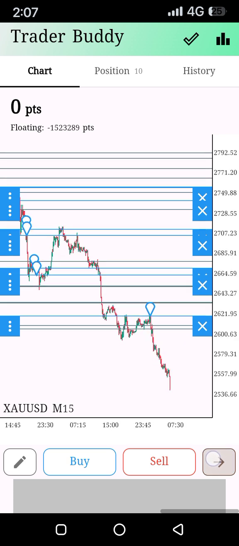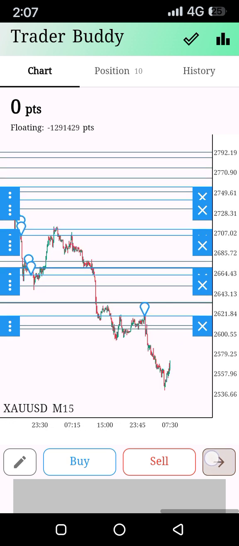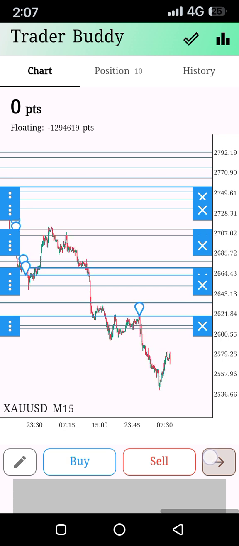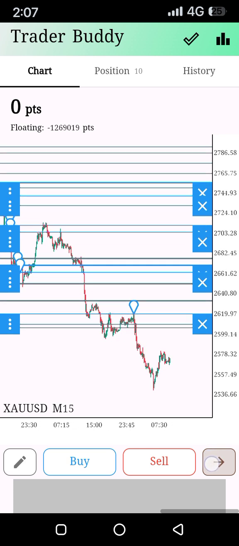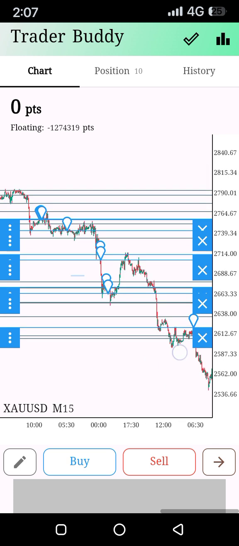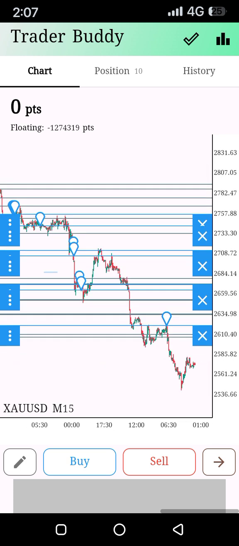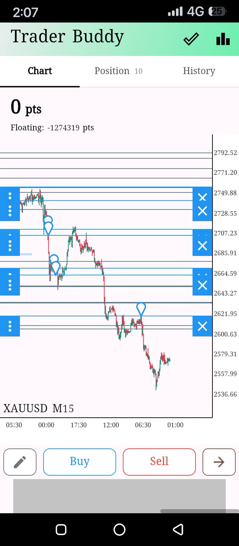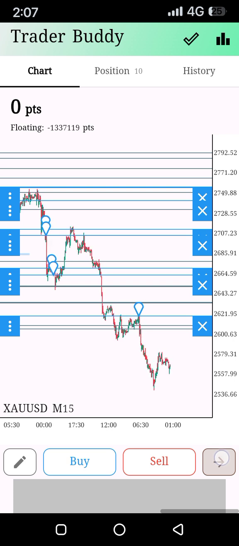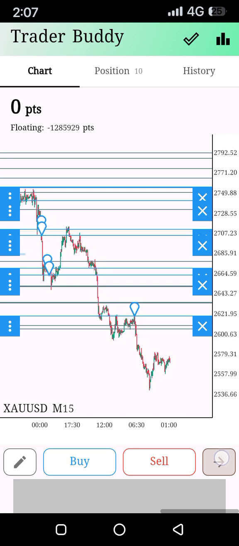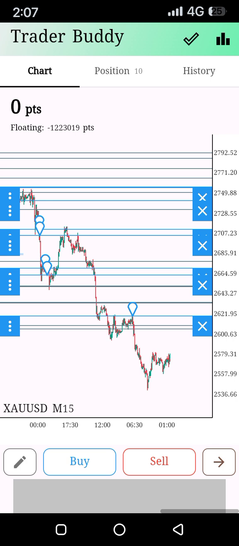Okay, 1.3, 1.2, 1.4, 1.2, 1.1, 1.2. I want you guys to just observe the market structure, because right now there's no way someone can hold all these losing positions up to here. But let me just show you how you can get out of drawdown, how the market shifts anyways.